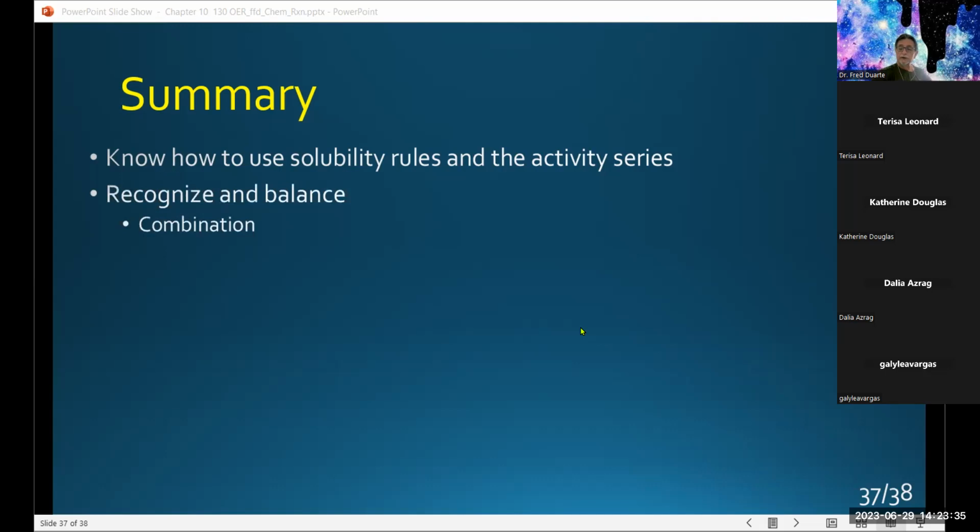With respect to the different reactions that we talked about, recognize and balance combination reactions. How do I recognize a combination reaction? 99.9% of the time, you have two elements coming together to form a compound. Let me repeat that: at least two different elements coming together to form a compound.